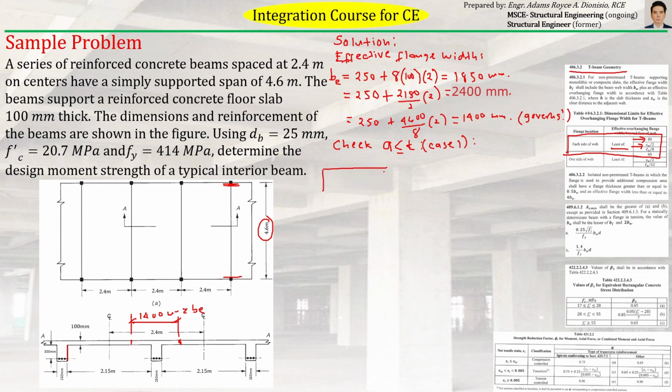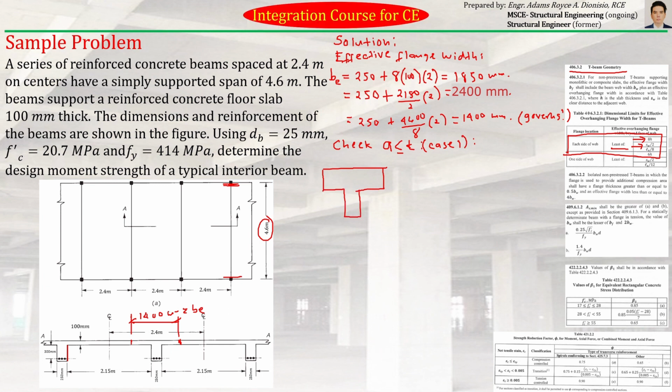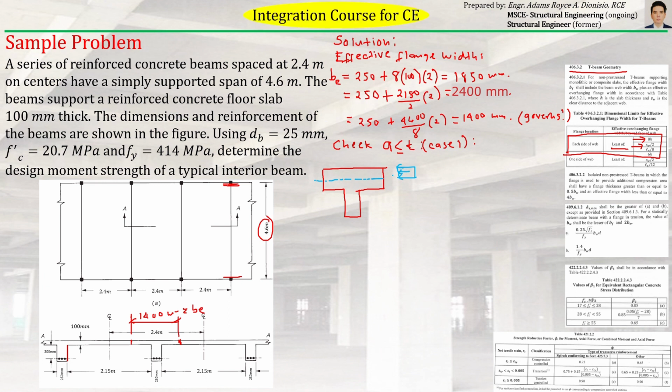If this is our T-beam, with a web, we are assuming the stress distribution, or the depth of the compression block, in our T-beam is less than or equal to the thickness. So the compression block only extends up to there. That is our A.